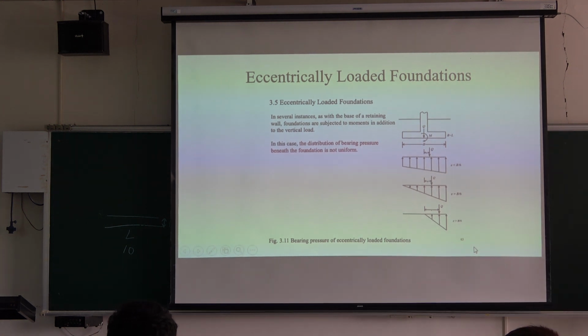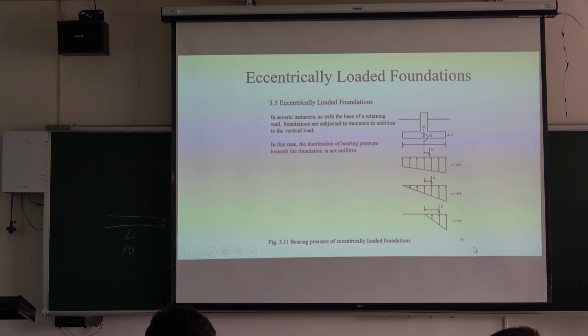Okay? This is B over 6, or we can say 1/6 of X. So if you subtract 1/6 of X from here, which is 1/3 of X minus 1/6 of X, okay, you will know the distance from here to here is 2/3.